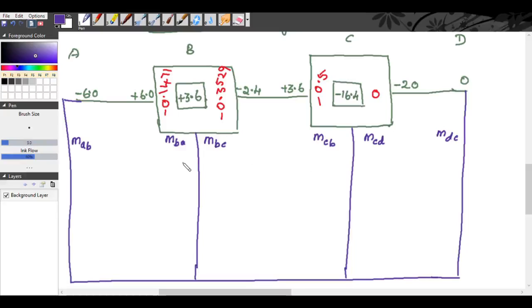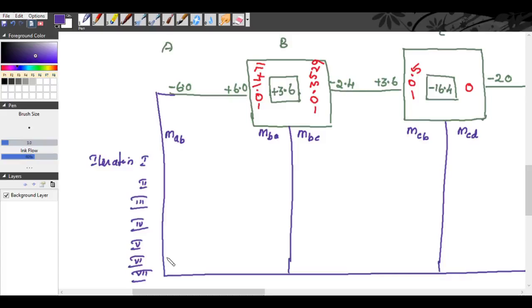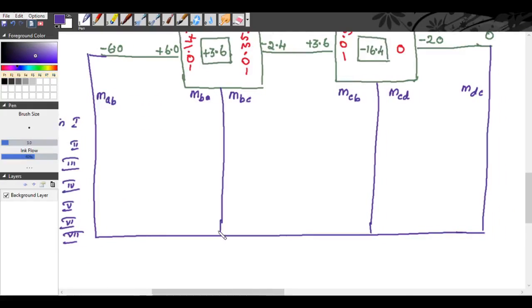So that is the meaning of that. Now we will go for iterations, 1, 2, 3, 4, 5, 6 and 7. The reason we are going for 7 iterations is in order to get accurate results. The more the number of iterations, the more accurate the results.